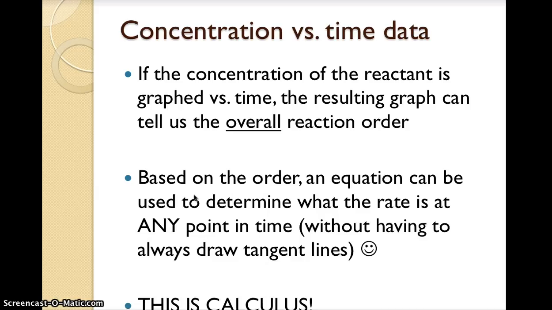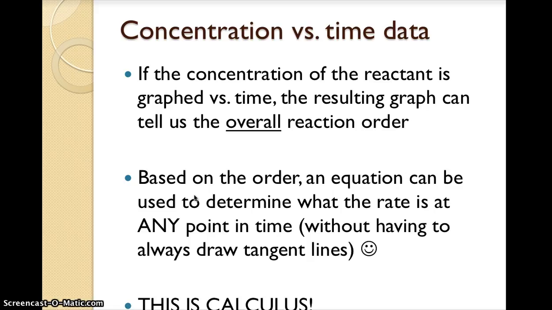If you remember, we talked about determining the overall reaction order based on looking at the rate law and those exponents that each reactant is raised to. So we might see a 0 overall reaction order, a first overall reaction order, or a second overall reaction order. There are more options than that, but those three are what we're going to focus on for this data.